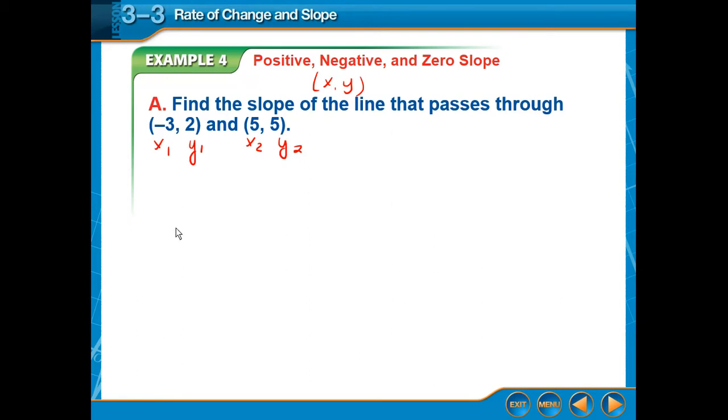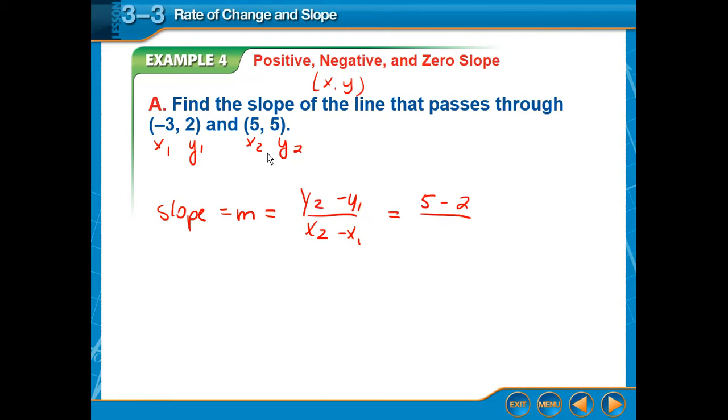The equation for slope, we call that m, is equal to y2 minus y1 over x2 minus x1. This is a formula that you're going to have memorized because you will use it a lot. So y2 we said was 5, so I put that in for y2. y1 is 2, so I get minus 2.